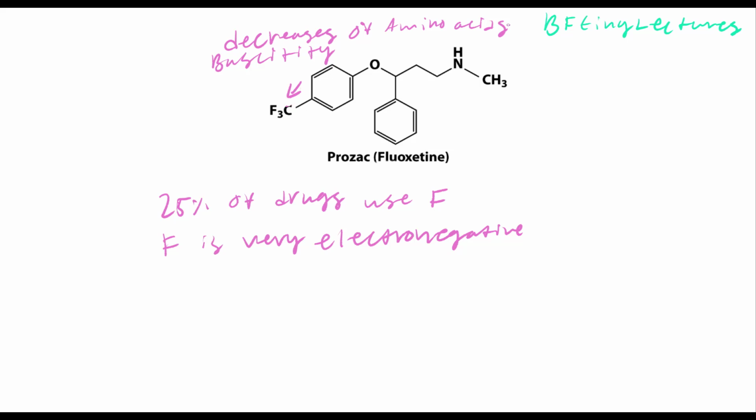So it's going to bind with the cells at a greater rate than if it were more basic, okay? So when you add fluorine to a drug, let's say Prozac, okay, you're decreasing the basicity of the amino acid, and it allows the overall drug to bind with the cell easily, okay? So you can see that H bonding plays a key role whenever you're making drugs.